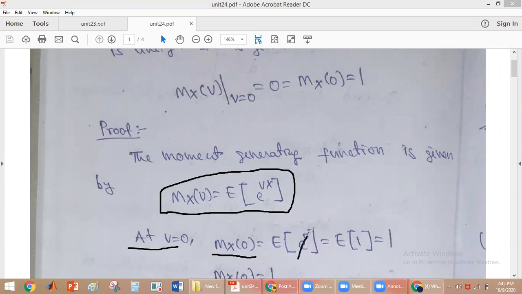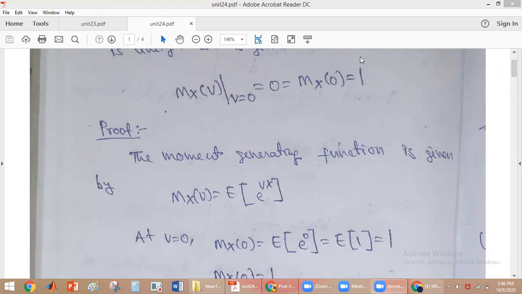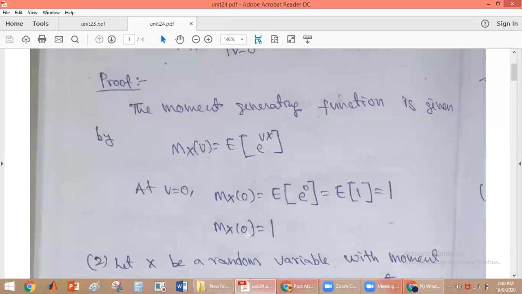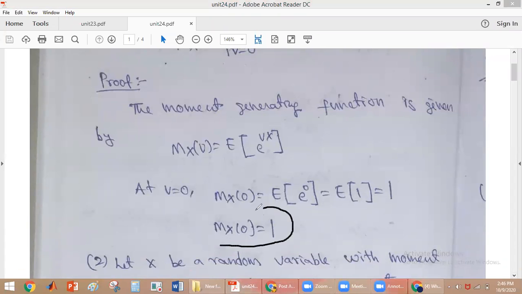We know that e power 0 is 1. And from the properties of expectation, the expected value of a constant is equal to the same constant, so the expected value of 1 is 1 only. So from this we can say that M_X(0) will be equal to 1. So this is the first property of the moment generating function.